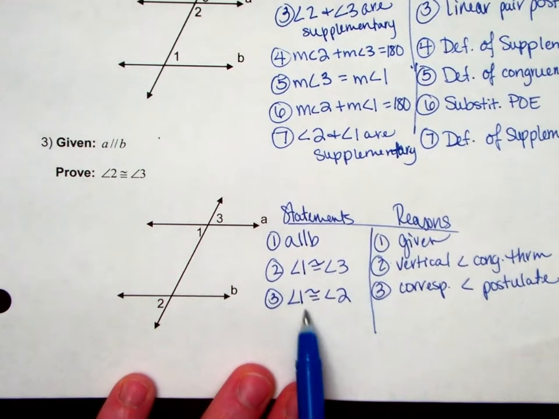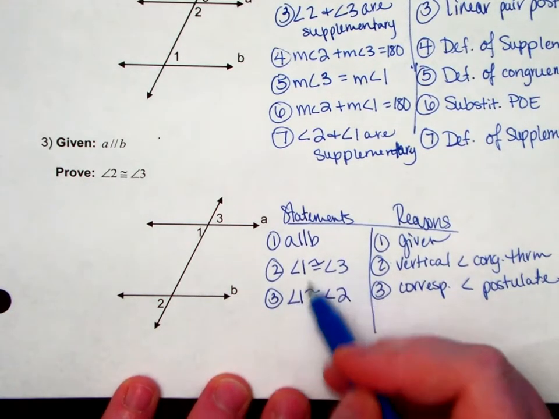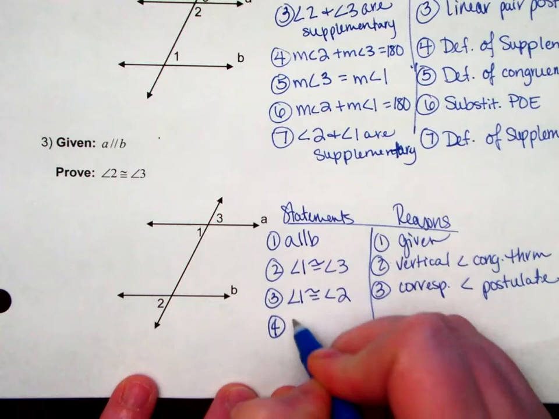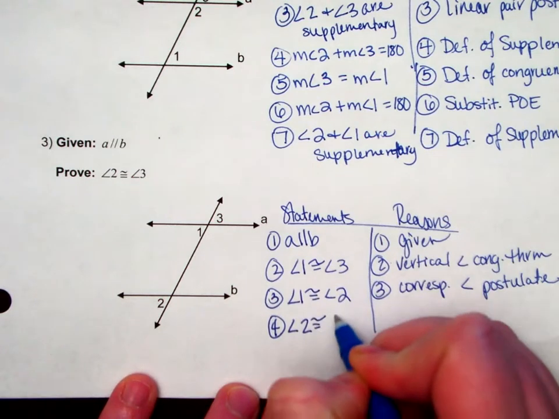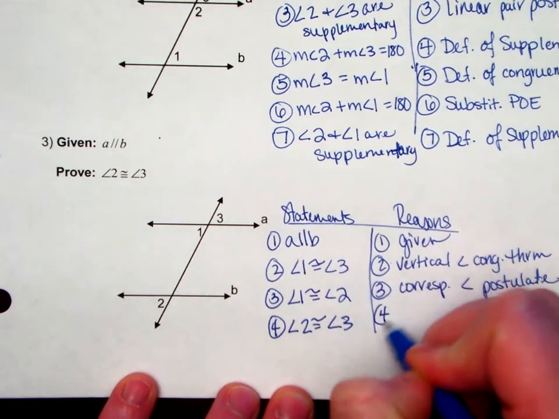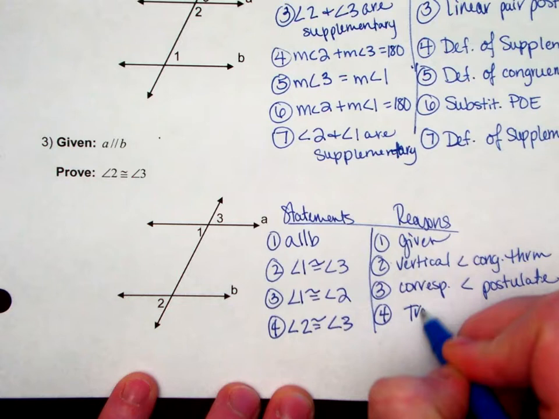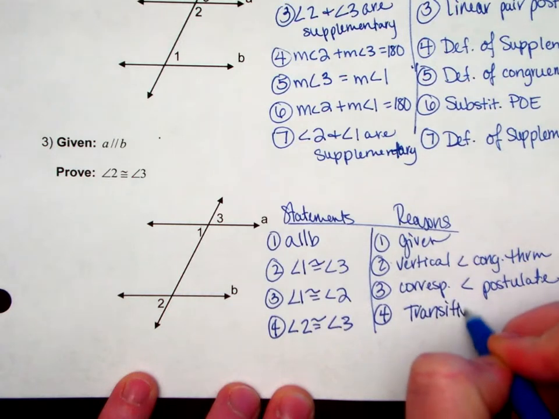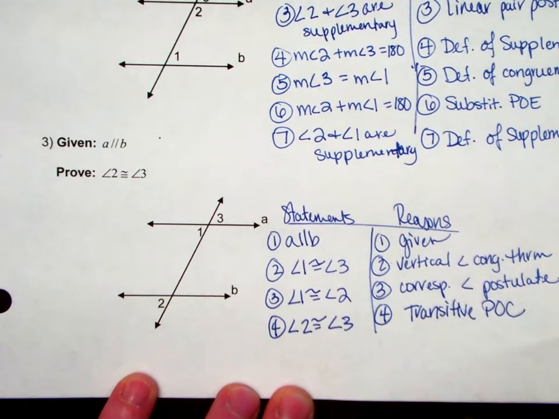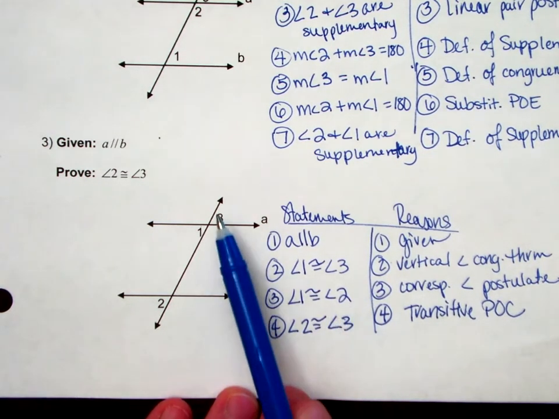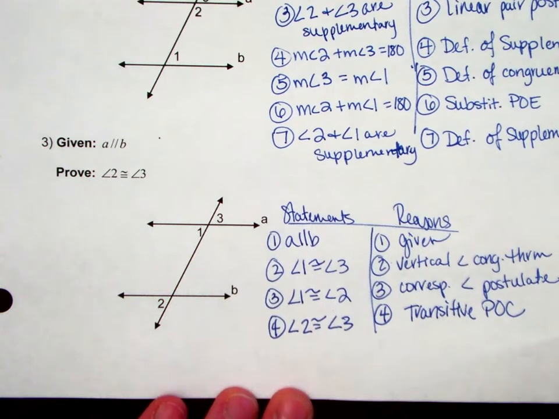Angle 1 is congruent to 3 and angle 1 is congruent to 2, so cut out the middleman. Angle 2 is congruent to angle 3. That's the transitive property of congruence. So therefore, I've done my proof and I've proven that alternate exterior angles are congruent.